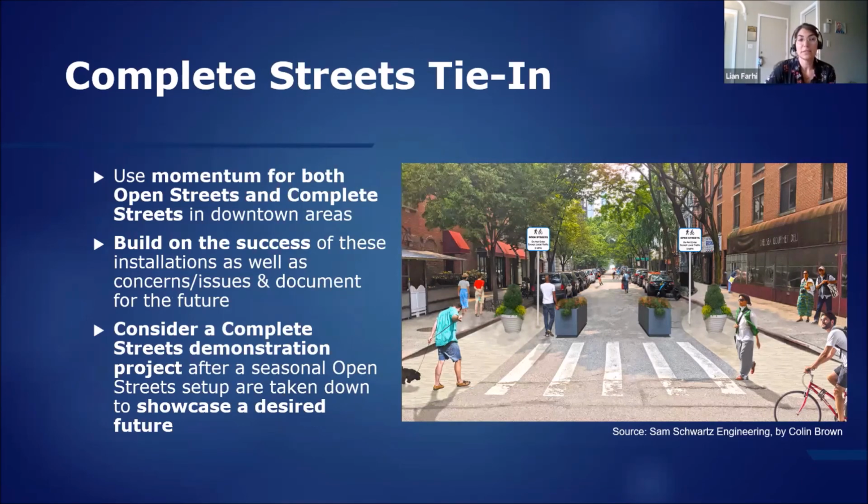Building on the success of these installations, as well as looking at people's concerns and issues, will help us plan better for future improvement at the street scale. And again, consider how complete streets demonstration projects could tie into implementation of maybe a seasonal open street that comes back every year and showcases desire for future change.